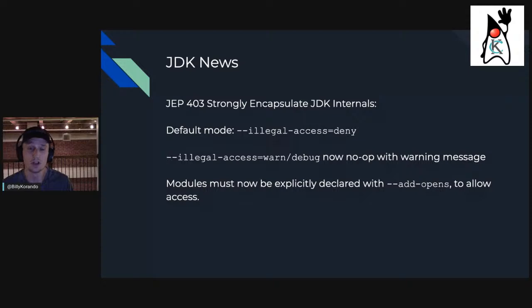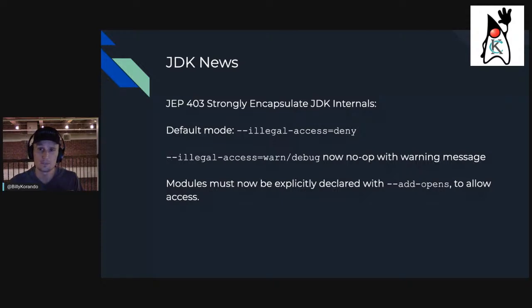But you can change it to either illegal access warn or debug, which will then just give a warning if something is trying to access a module that it's not supposed to have access to. But now with JDK 17, these two will be no-op, and the default mode and the only mode is going to be deny.